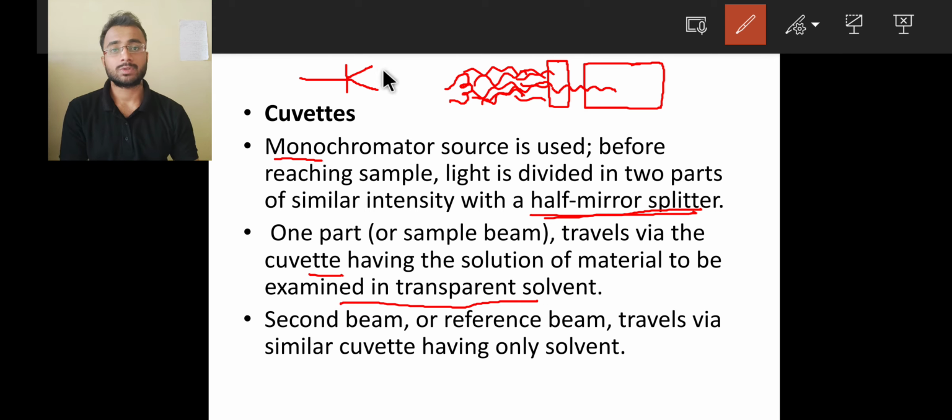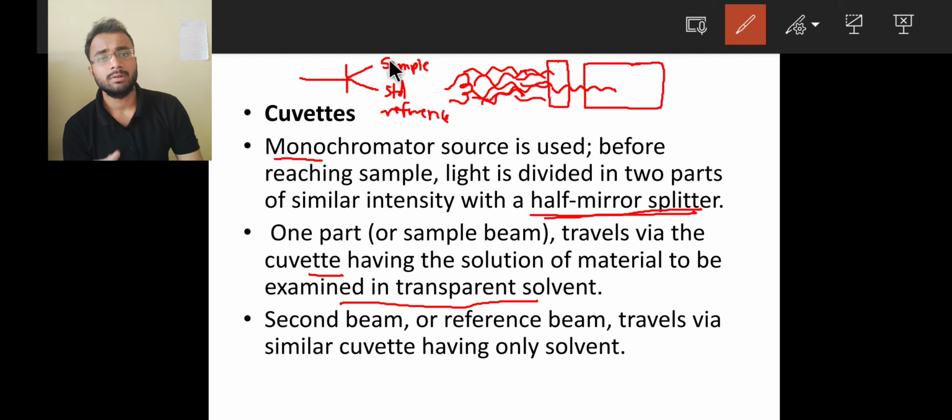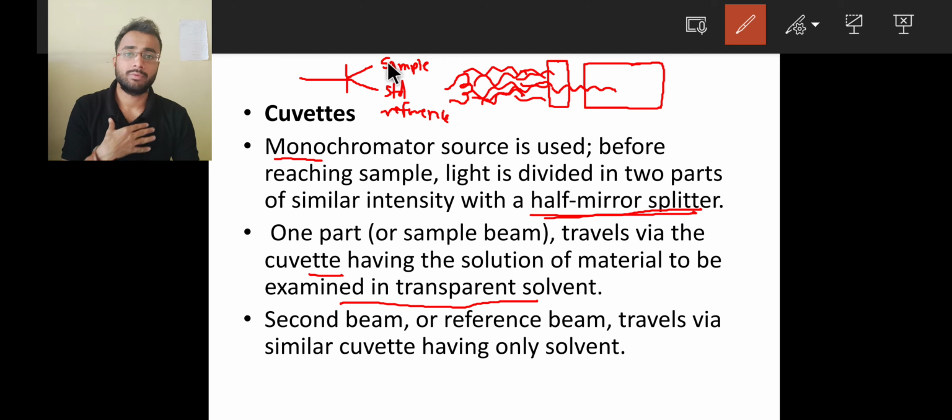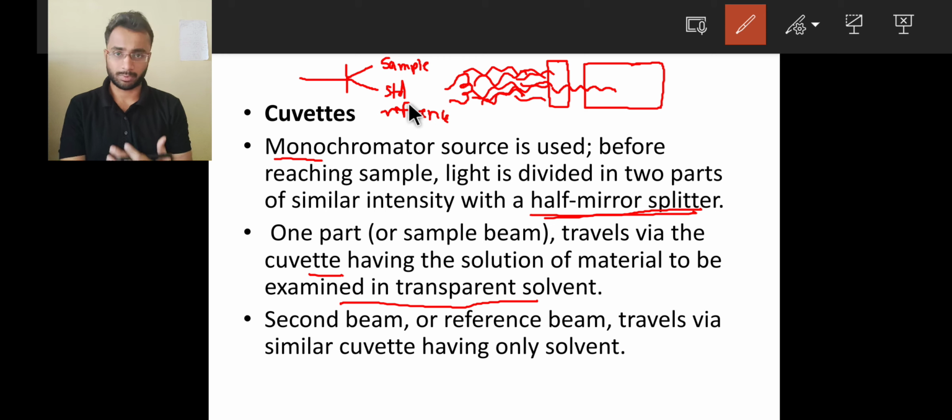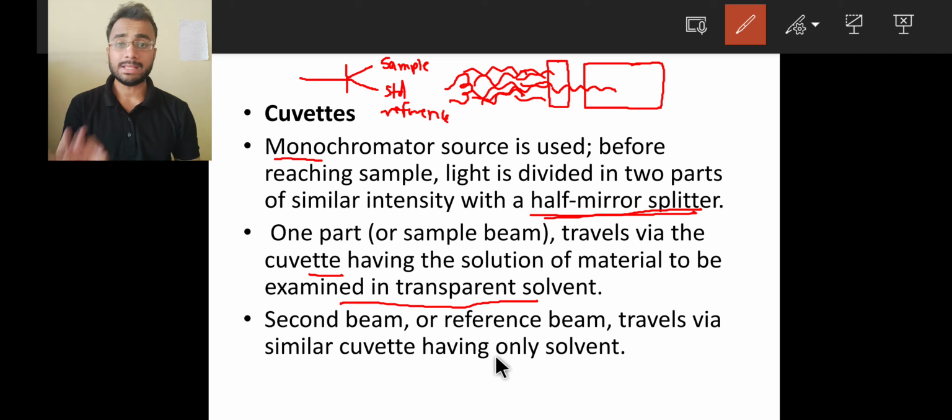The first light will pass through our sample and the other will pass through our standard or reference, whatever we use in our experiment. The second beam, or reference beam, travels via a similar cuvette having only solvent, that is our standard.